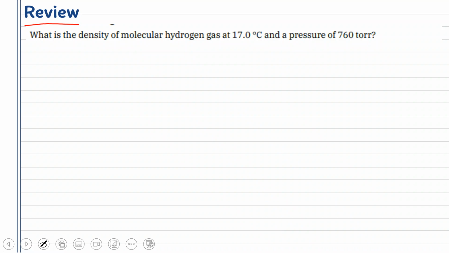And that theory suggests that if we assume all gases to have no volume or no interaction between the molecules, then we can have all gases to be classified as ideal. And that is the ideal gas law.